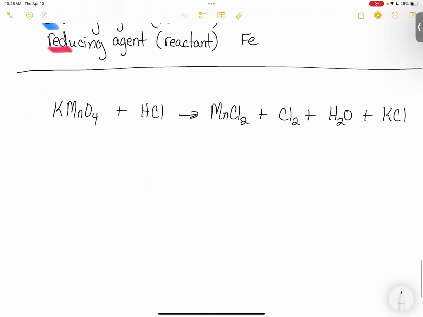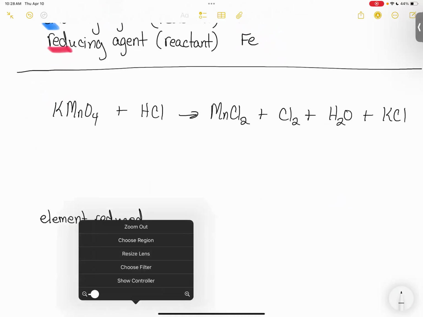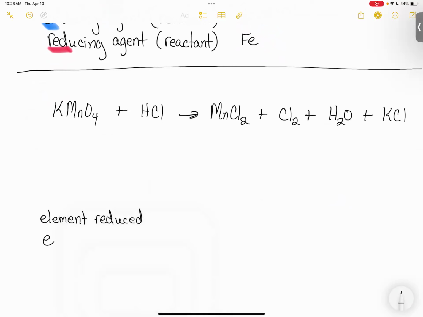I want you to be able to answer 4 questions. Again, it's going to be element reduced, element oxidized, reducing agent, and oxidizing agent.